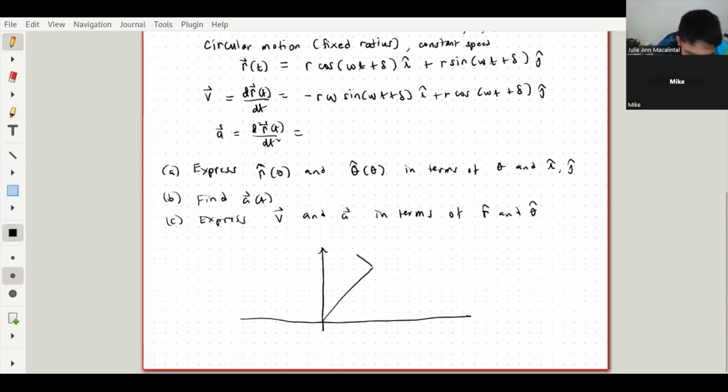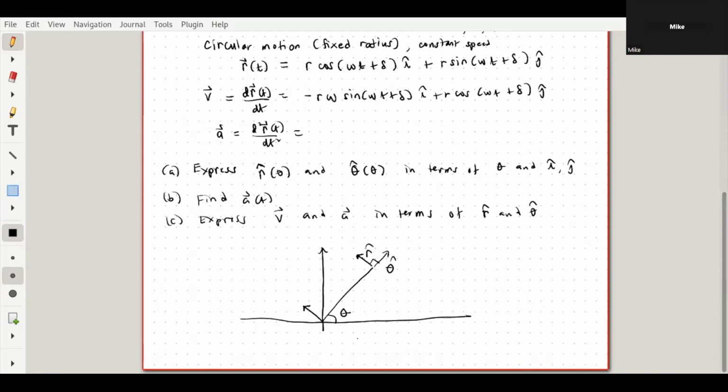Yung vectors r hat at saka theta hat are here, di ba? Perpendicular yan. And this is theta. If you move this over here, keeping it parallel, this is also r hat. Sorry, nakabaliktad ko. R hat is along the radial. So dapat ito yung r hat. Ito theta hat.